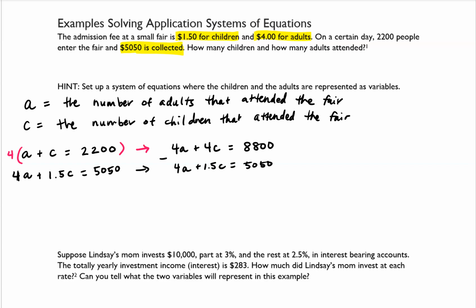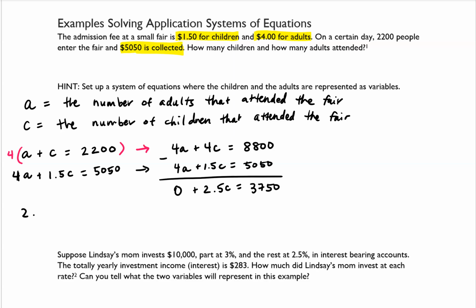Okay, now if I subtract the two equations, I'd get 4a minus 4a, and that's going to be 0. And then 4c minus 1.5c is going to be 2.5c, and then 8,800 minus 5,050 ends up being 3,750.